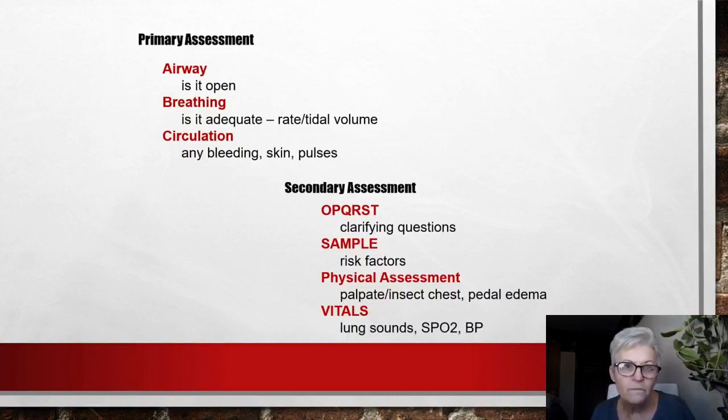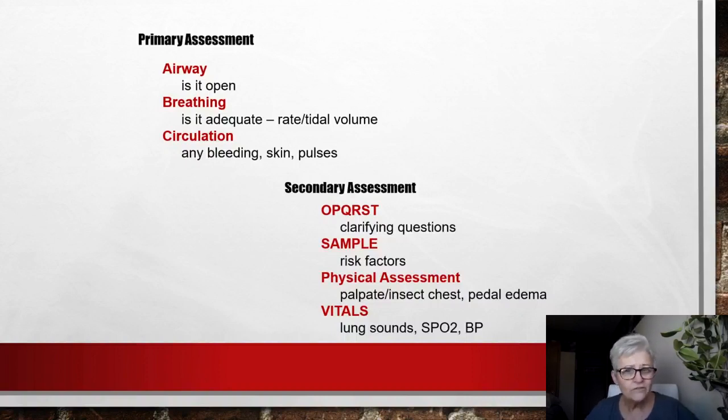And unbeknownst to her, had developed shingles overnight. And extremely painful. But the way she described it to me was this sharp stabbing chest pain. She herself had not looked at the chest. She just knew it hurt. So do that. Don't skip palpating, listening, and looking at the chest.